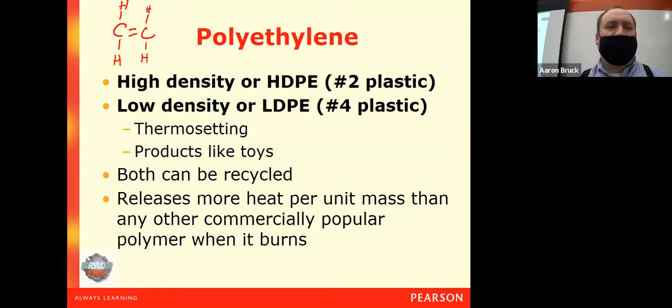Now, polyethylene comes in two different forms. There is the high density polyethylene. We know that as either HDPE or number 2 plastic. There is also low density polyethylene, LDPE, and that's number 4 plastic.